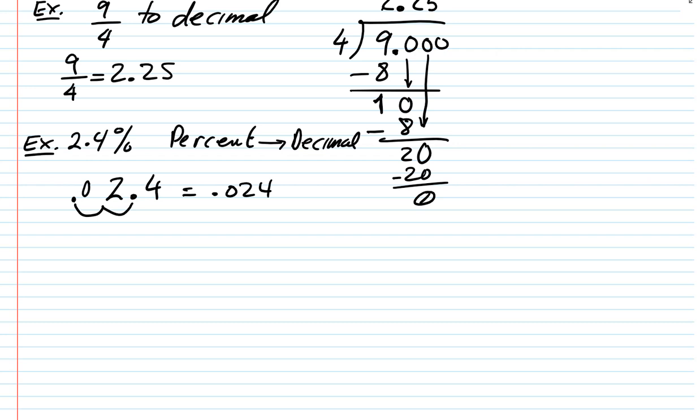What if I go from decimal to percent? Let's do that. We want to go, again, decimal to percent. I want to make sure I get that C there. Decimal to a percent. What do we do? We move, again, the decimal, right?